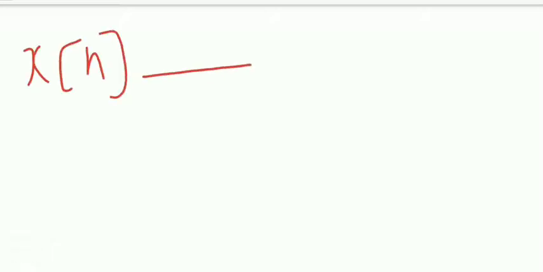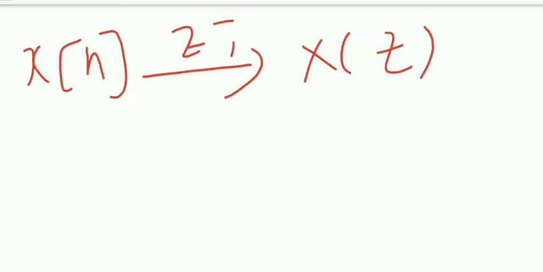So what we understand here is, if you apply Z transform to any signal x of n, what we get is X of z. So the input is x of n to any discrete time system. If you apply Z transform, what we get is X of z. So this is the forward Z transform.